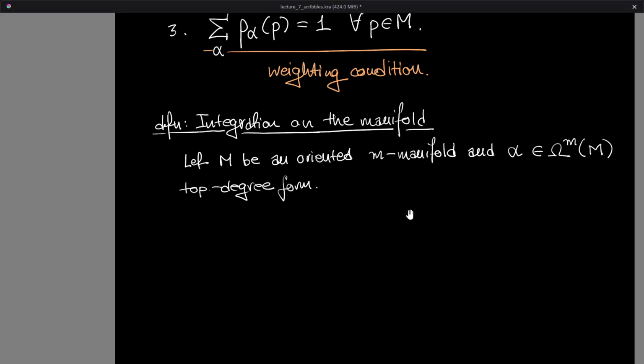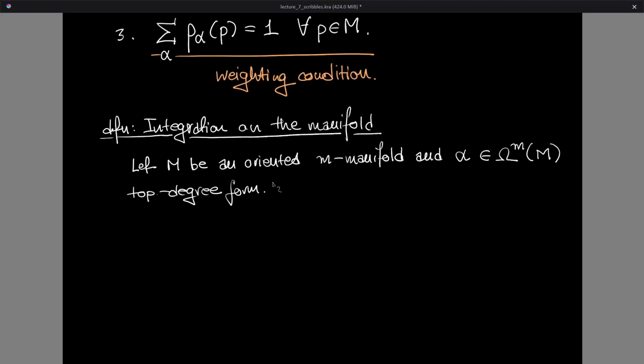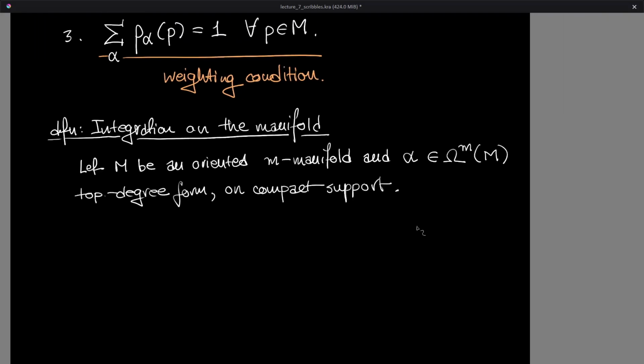So that's basically what top degree form means, just to remind everyone. And on compact support. Compact support is a term from topology, which means that alpha has to be non-zero on a finite subset of the manifold, or compact subset of the manifold.